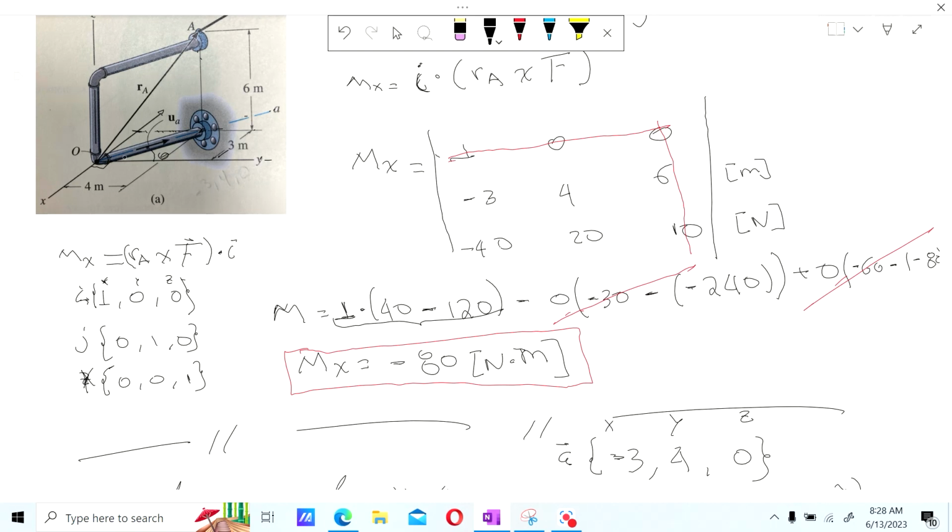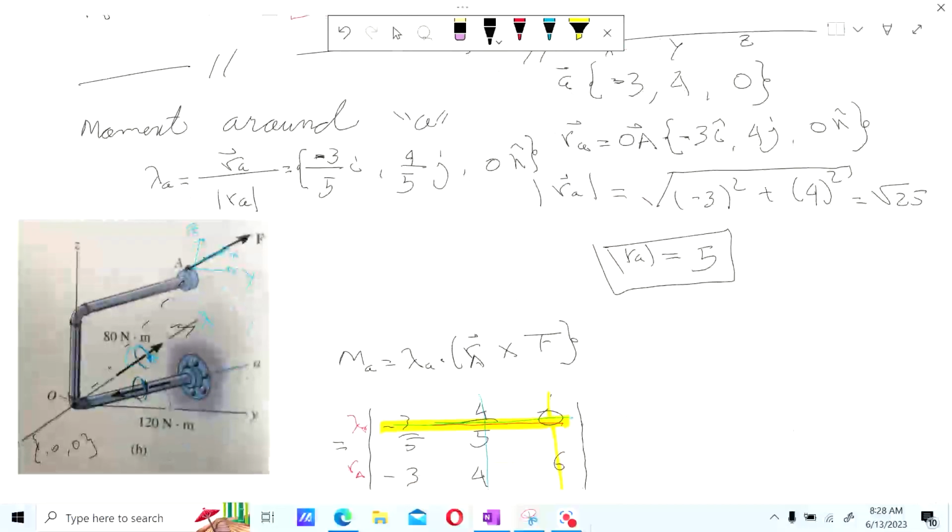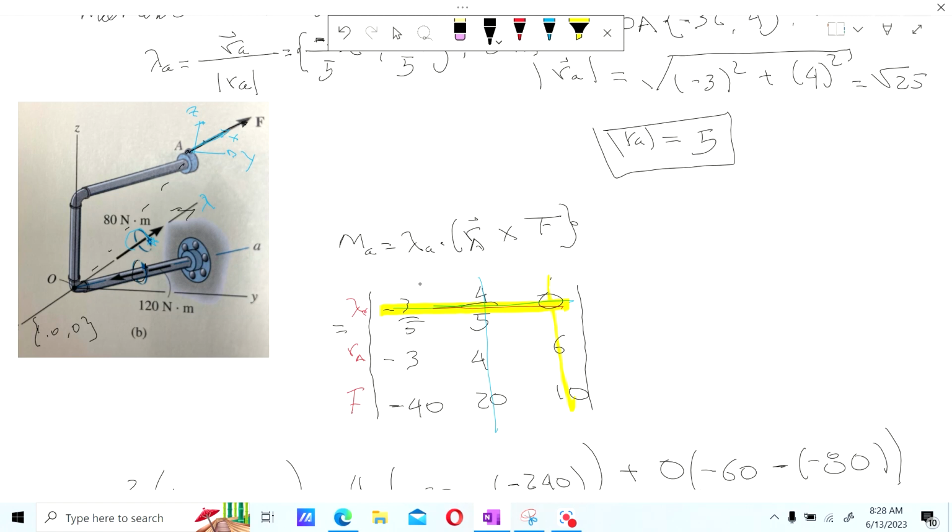And to compute around an arbitrary axis, you just find the directions of the axis. And that axis A was pretty simple. And you do the same thing. Place the A axis, the components of the unit vector, the first row, and the second and third row are going to be the direction, the distance from the origin to the point of the force cross the force.